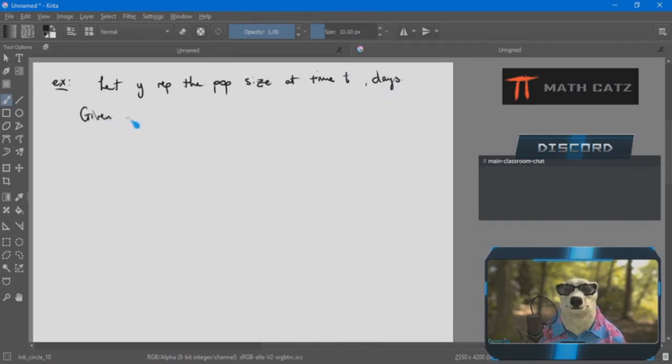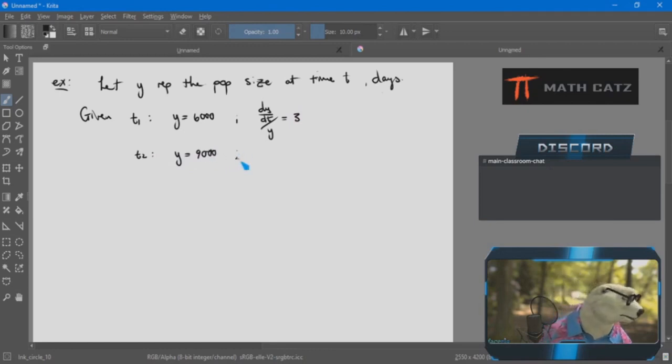We're given that at some time, it doesn't really matter when, we have y equal to 6,000 and dy/dt over y, the per capita growth rate, is 3. Then at some other time, we have y equal to, I believe it was 9,000, and the per capita growth rate dy/dt over y equals 2.